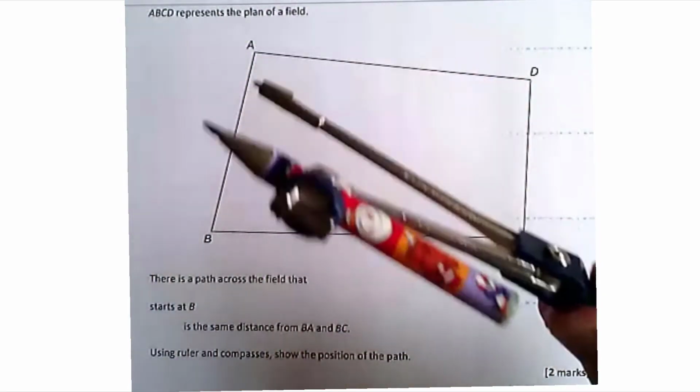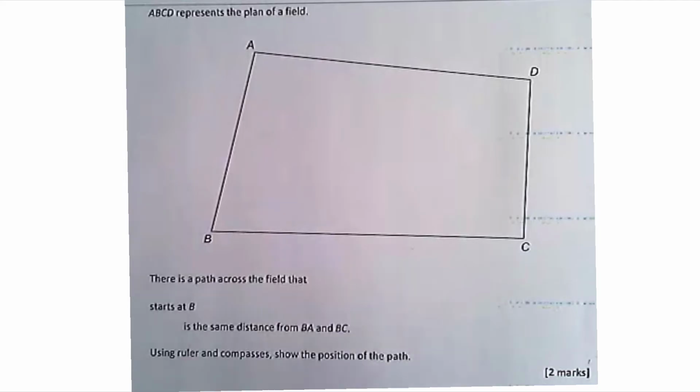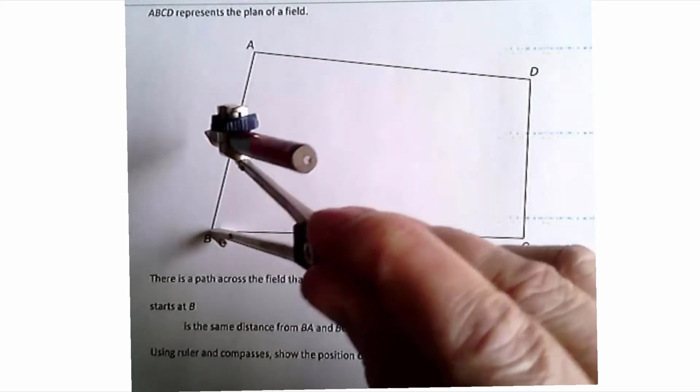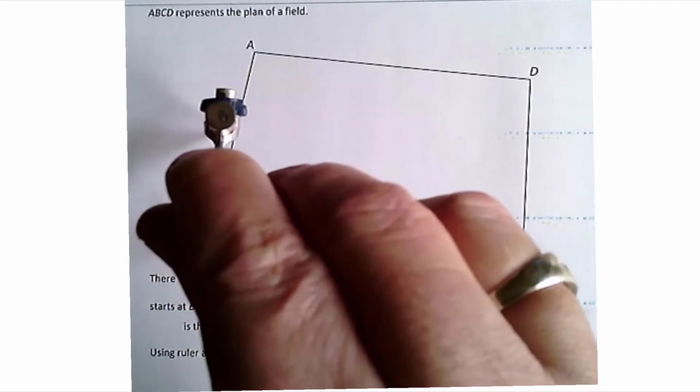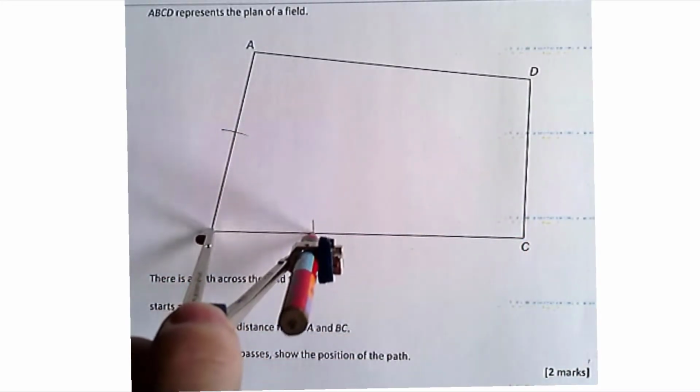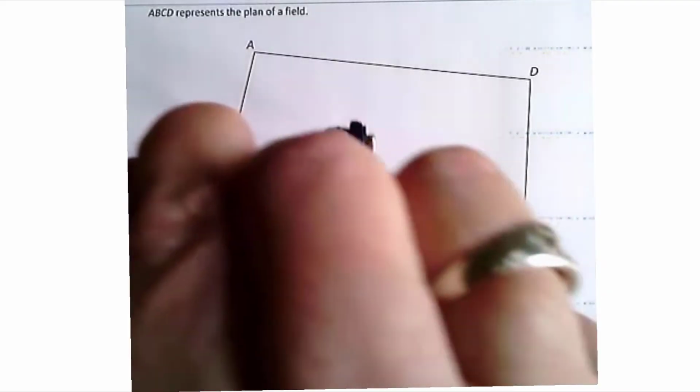Right. What we need to do is to create an angle bisector at B. So putting your compass point at B, draw an arc that crosses BA and BC at the same distance, so without changing the aperture. And then move the compass point to the mark that you made and draw a mark in the middle. Sorry, can't really see that very well.